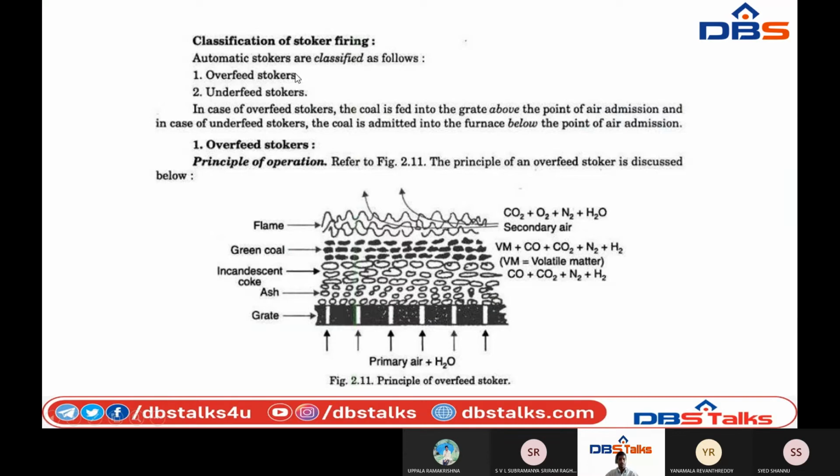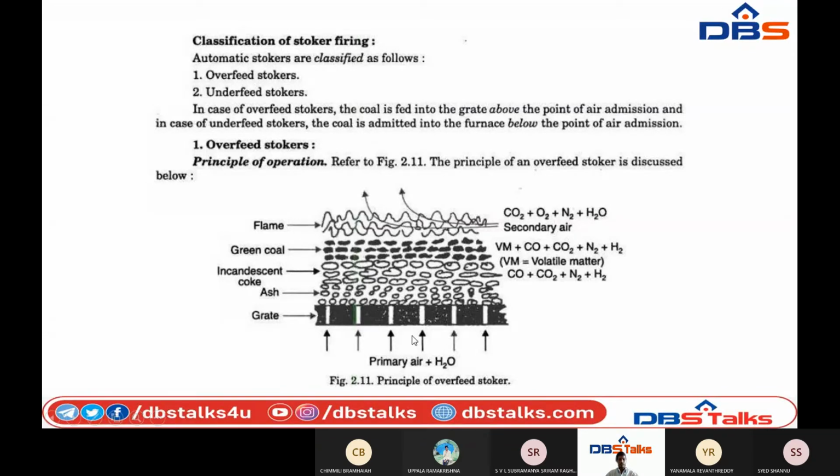It is similar to overfeed, but in underfeed stokers we are also feeding the coal into the furnace, but below the point of air admission. That is the difference between overfeed and underfeed. As the name implies, over means above the air admission, and under means below the air admission.